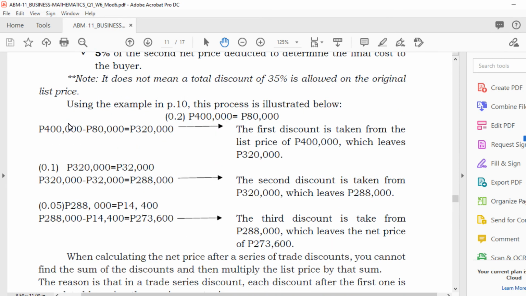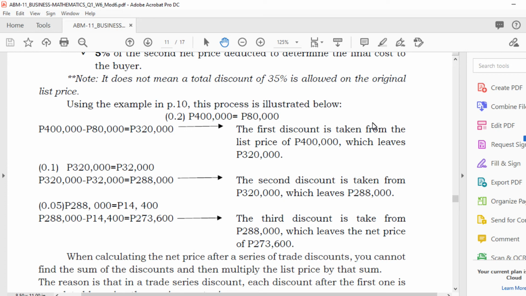Example, tingnan natin dito. Ayan. 400,000 times 0.2 is equal to 80,000. Bakit? Sa nakuha yun? Sa 0.2. Ito yung 20% mo. So, 400,000 minus 80,000 is equal to 320,000. So, 320,000 ang amount na nauna. Less the percentage, less the discount.